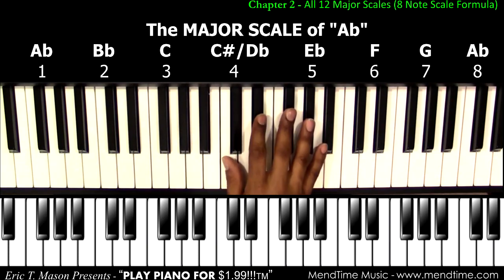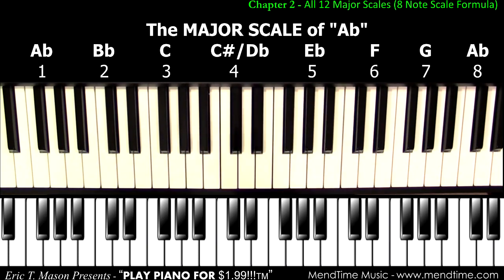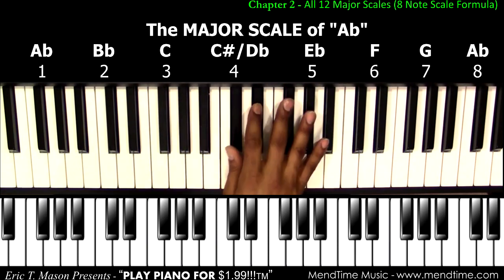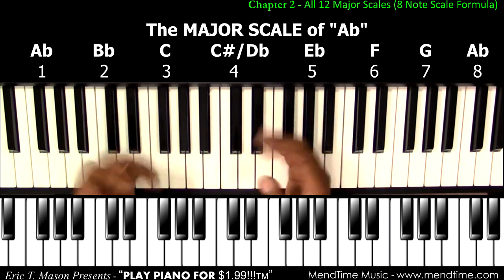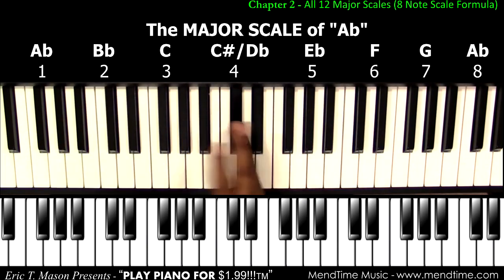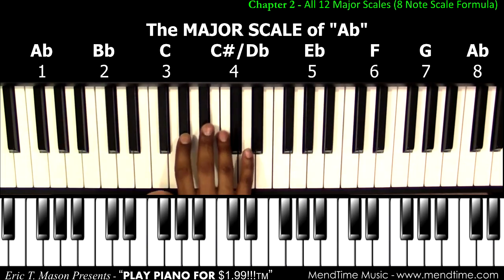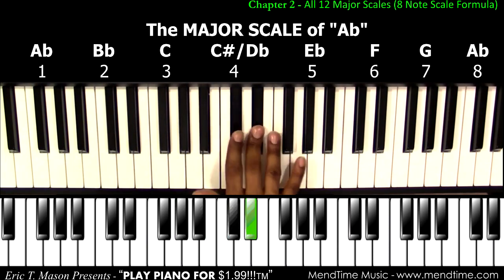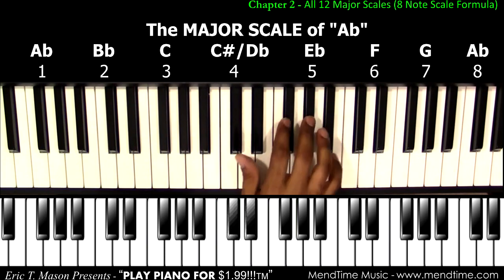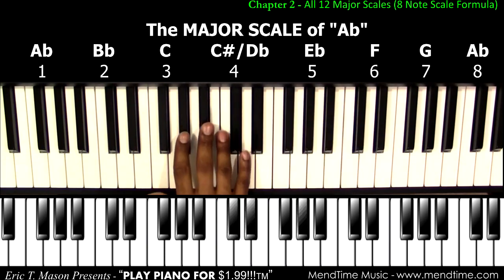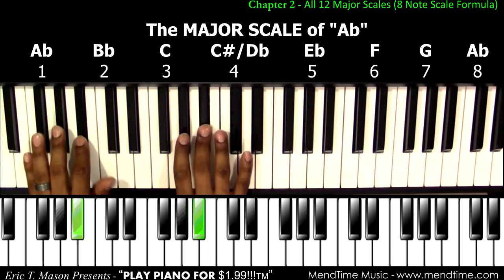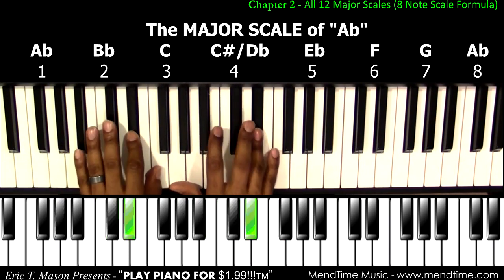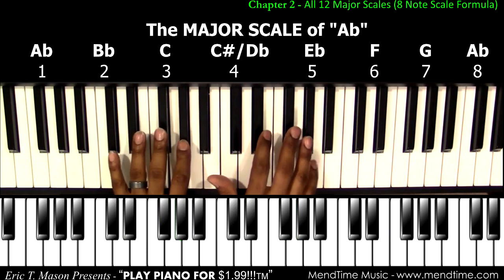So going forward, in the key of A flat, we'll just call all of our black notes either one name or the other, but not both at the same time, for the ease of digesting the fact they have two names. Okay, so A flat, C, D flat, E flat, F, A flat. Again, A flat, D flat, C, C sharp, E flat, F, G, A flat.